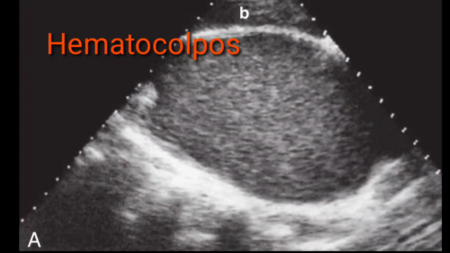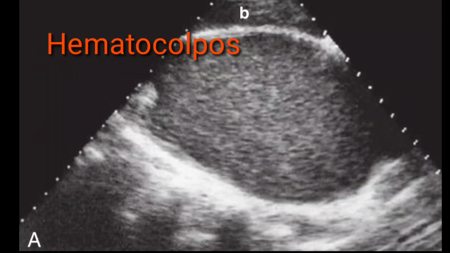On this ultrasonic image, you can see low level internal echoes within this cystic lesion. This is actually haematocolpos. The best strategy would be to take the measurement of this and take the volume, since that much amount of blood is retained within the vaginal cavity.